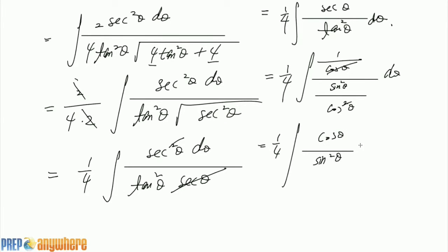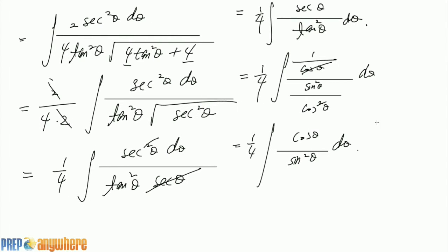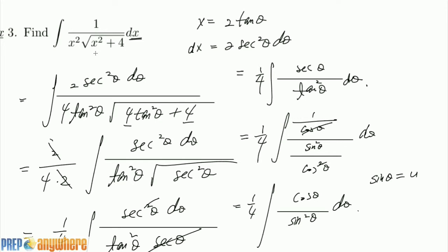We can solve this by doing another substitution of the sine theta. Okay, so when you do the substitution, make sure you use a different letter. So sine of theta, let's pick u. Right, let's pick a different letter from x from initially.